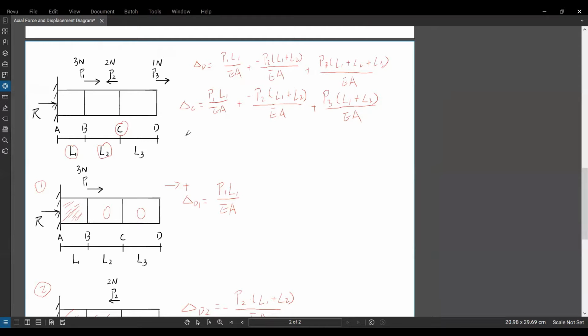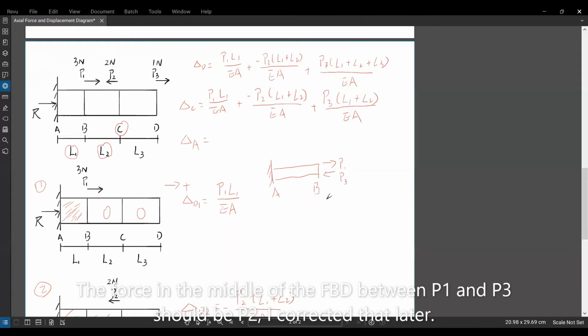Now, if I want to know what is the deformation at point B, how would you calculate that? The equivalent system we are looking at will be this. This is A, this is B. Then we have P1, we have P2, and P3.